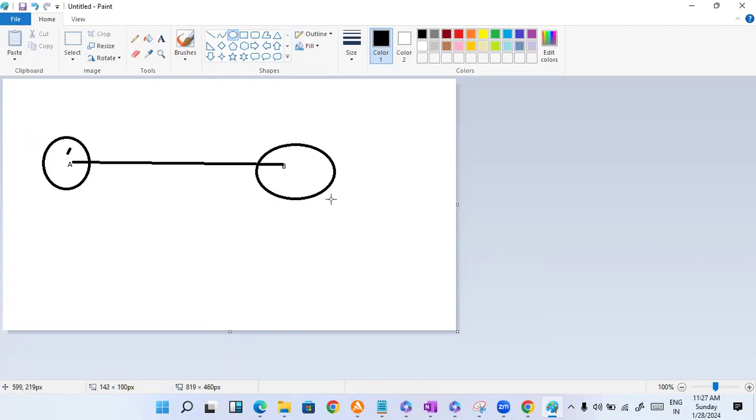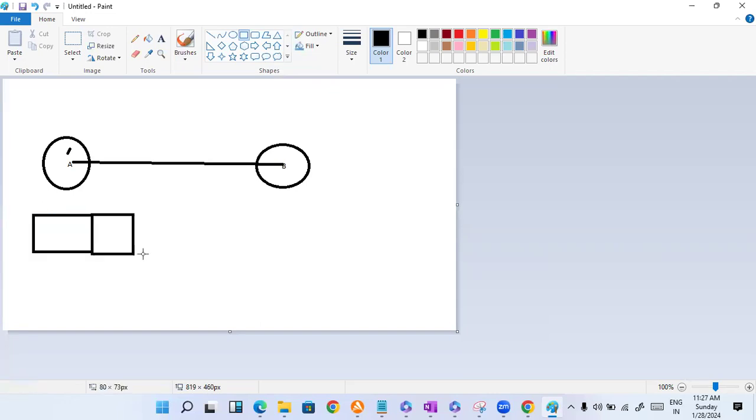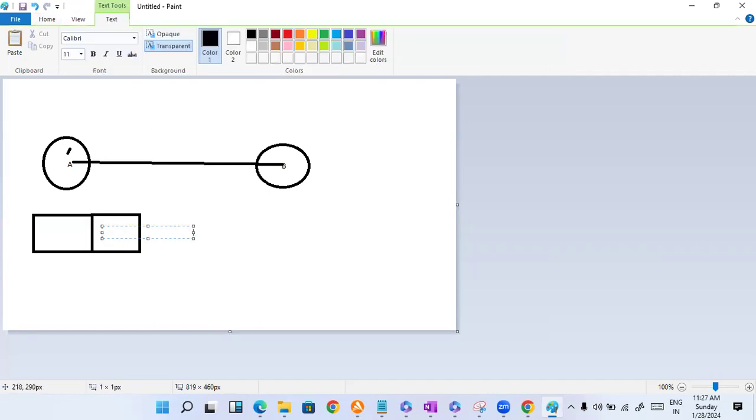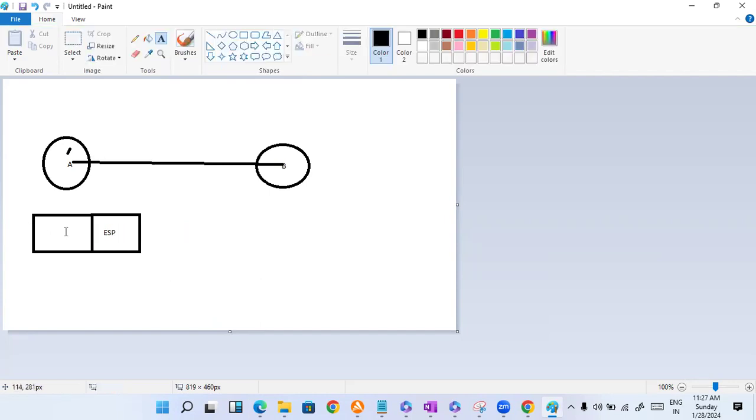What does ESP do? ESP covers the header. If this is your data, this will be your ESP header value, and it is masked.